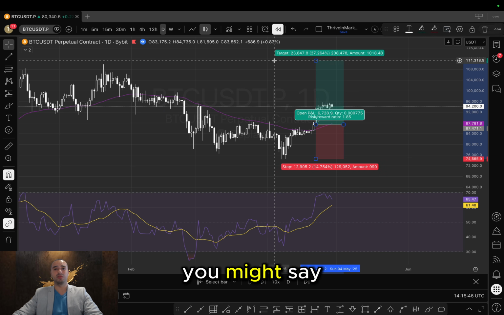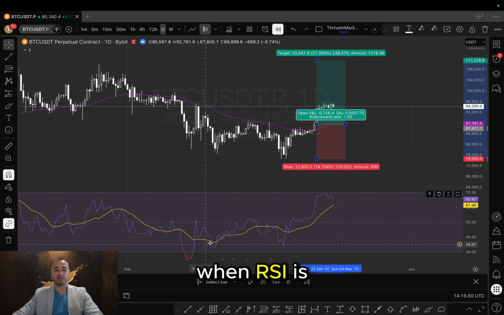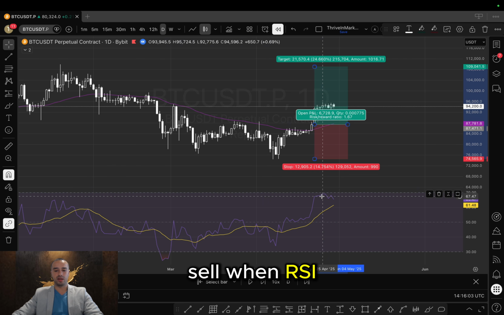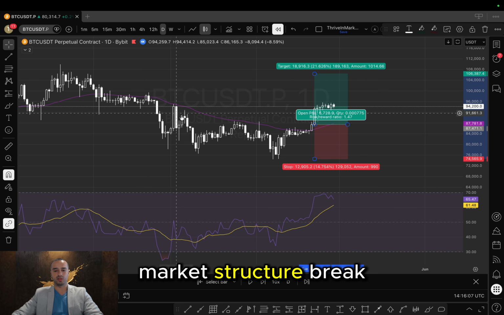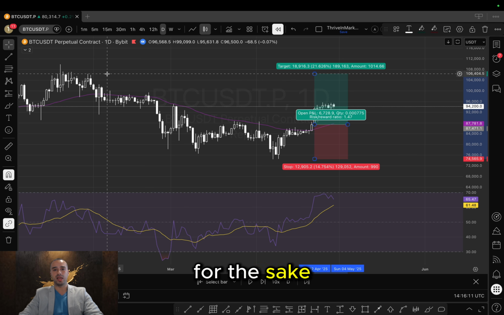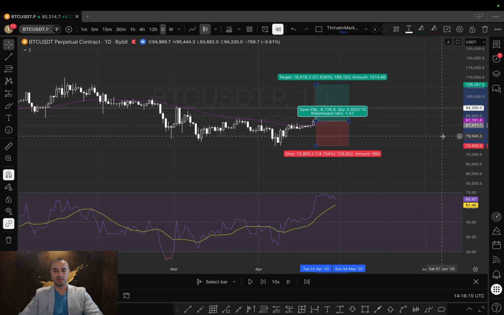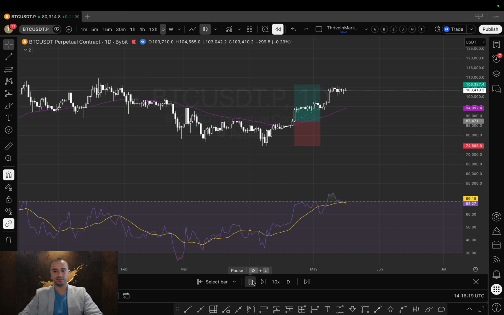This is Bitcoin. You might say, I will just buy when RSI is below 30, and you can sell when RSI is above 30 or at the next market structure break, depends on your system. For the sake of this lesson, we will set up to sell here. So let it run.